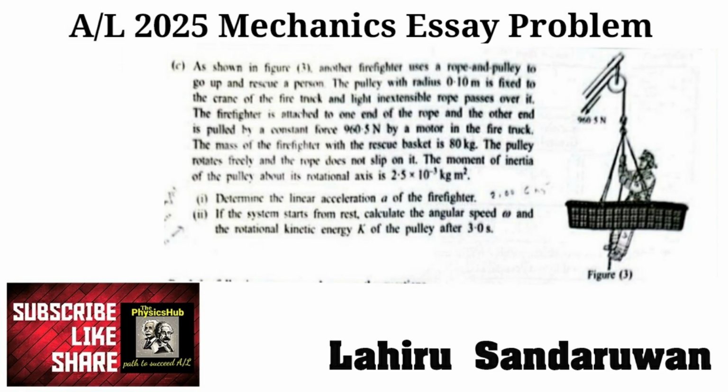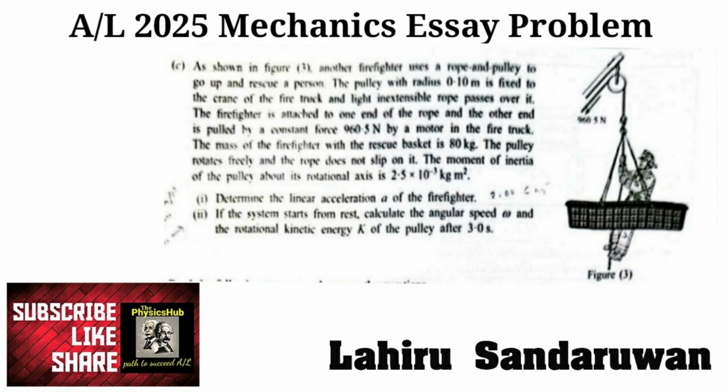The firefighter is attached to one end of the rope and the other end is pulled by a constant force of 960.5 Newton by a motor in the fire truck. The mass of the firefighter with the rescue basket is 80 kilograms. The pulley rotates freely and the rope does not slip on it. You have to remember that the rope does not slip on the pulley.